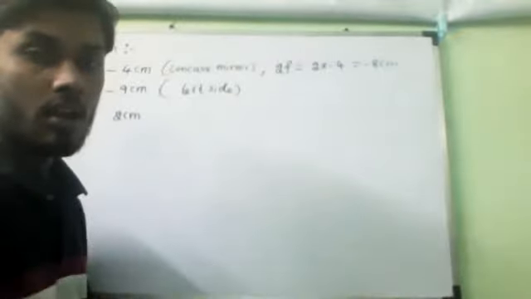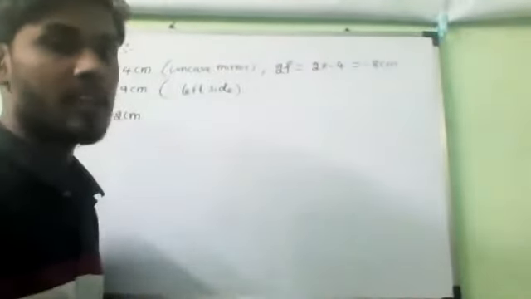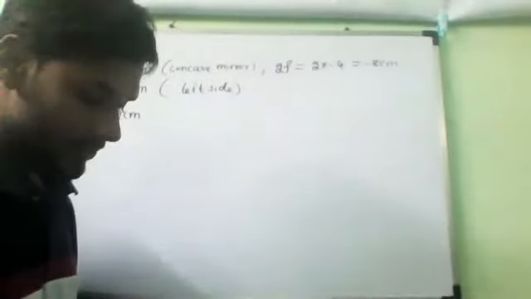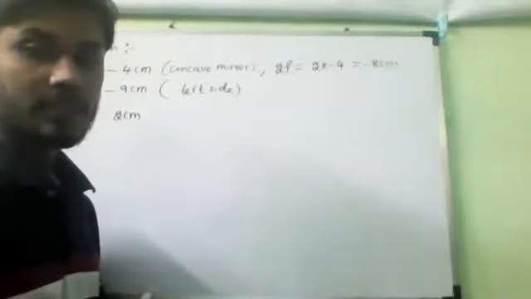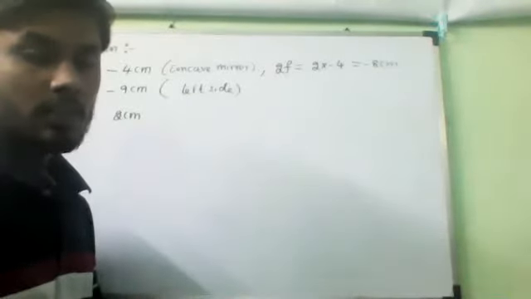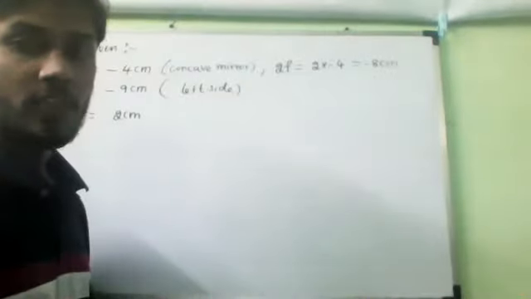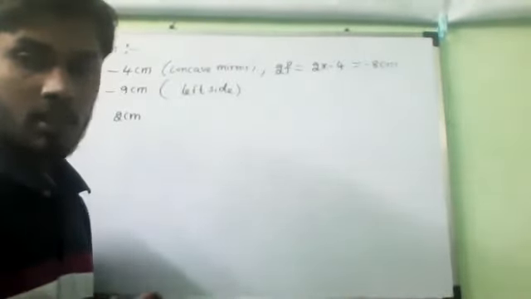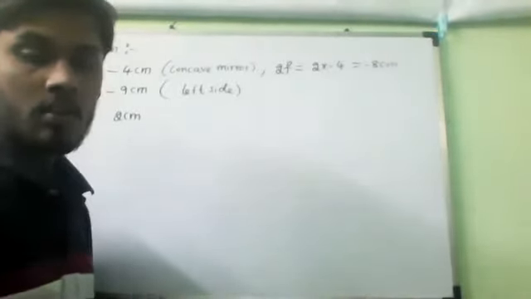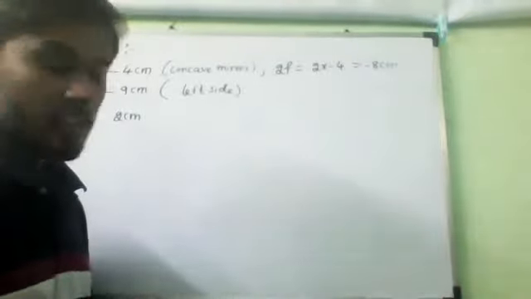Which case? Check your 6 cases and tell me which case. Sir, 5th case. So what are the characteristics of the 5th case? Anybody? Dilipan, Arya, Prahasini. Sir, diminished image.